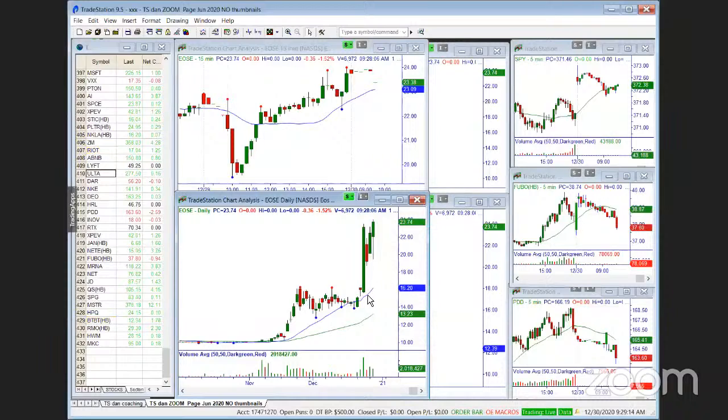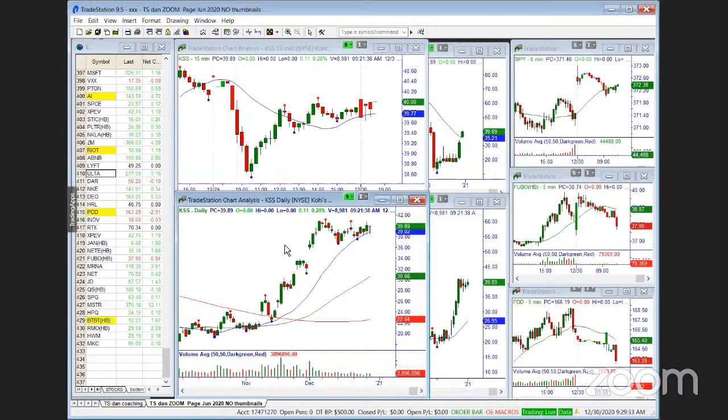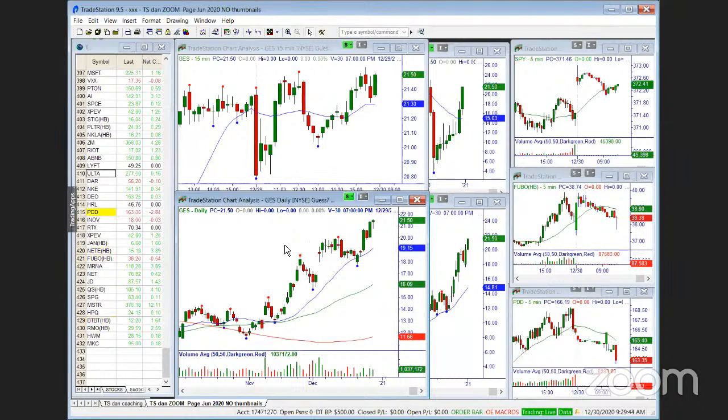All right, EOSE. It's extended, but it's very bullish. Wow, this is incredibly bullish. Consolidation here over a couple weeks. Put it on a 15-minute chart. It's far from the 20, but it's acting very strong, James. KSS, yeah, that's bullish consolidation. This one is stronger.